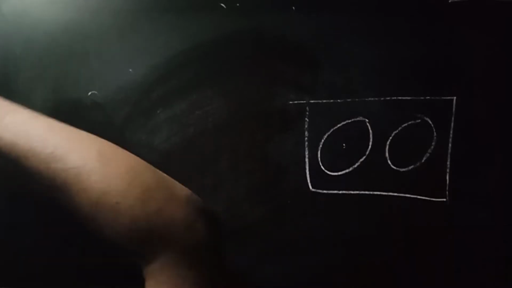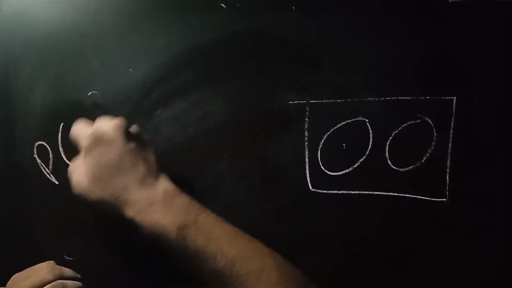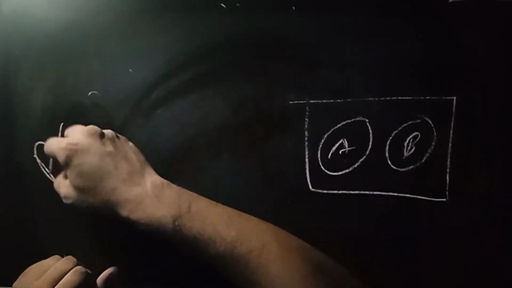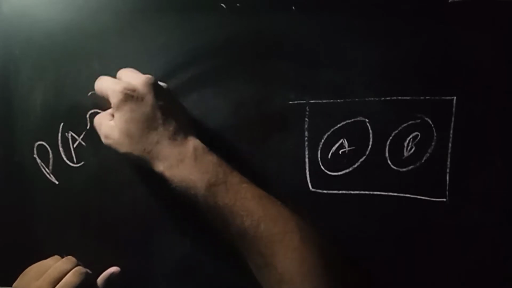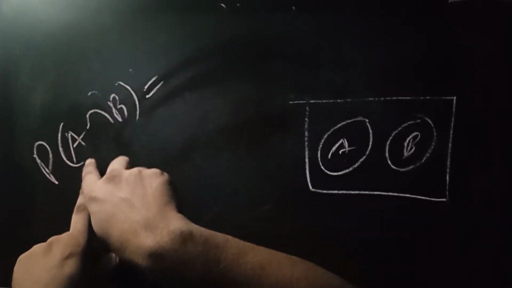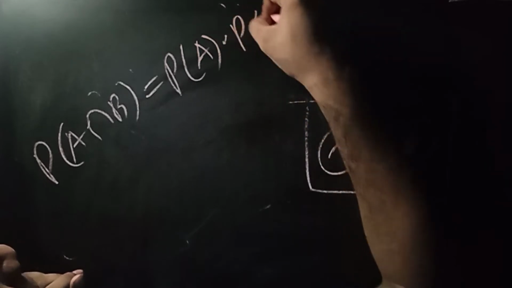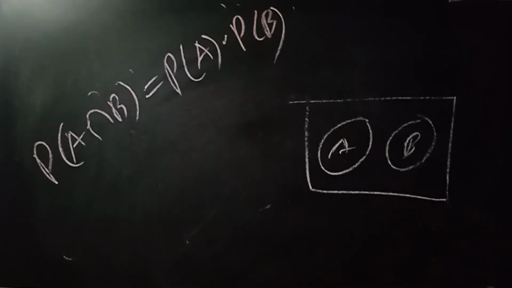So in case of independent events, let's see intersection. So P of, let's say A, let's say B. Whenever P of A intersection B is there, this is basically P of A and B, probability of A and B. So just multiply P of A into P of B, and you have the formula.